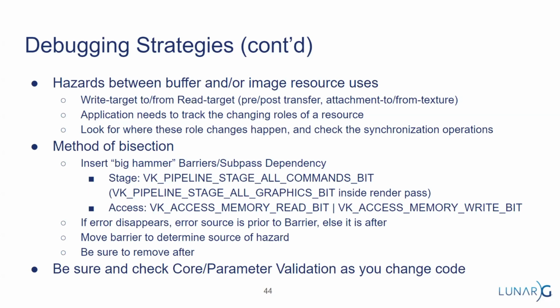When you do this, you can localize where the missing real dependency you need to insert lives. If the error disappears, then you know that the missing barrier or usage is before that point. If it doesn't, then you know that the missing barrier is after that point. And you can just keep moving this big hammer until you find it. And I found it a very, very effective method over a large number of years.